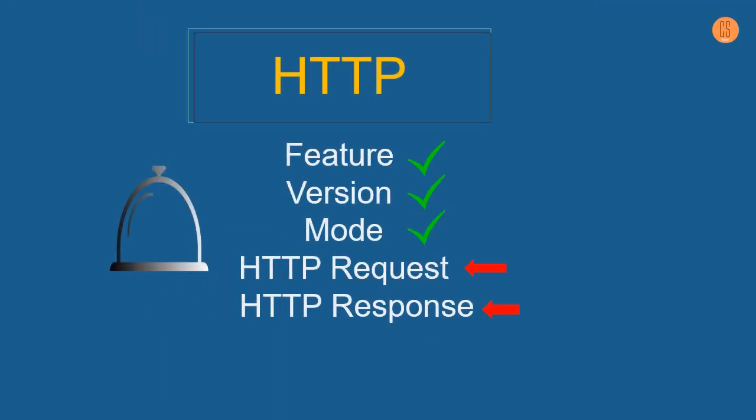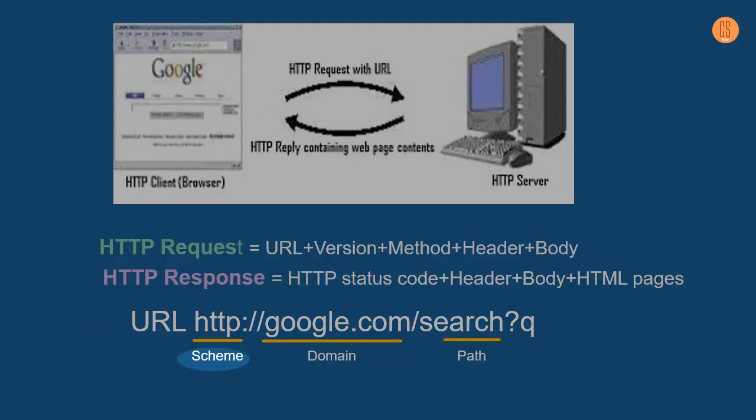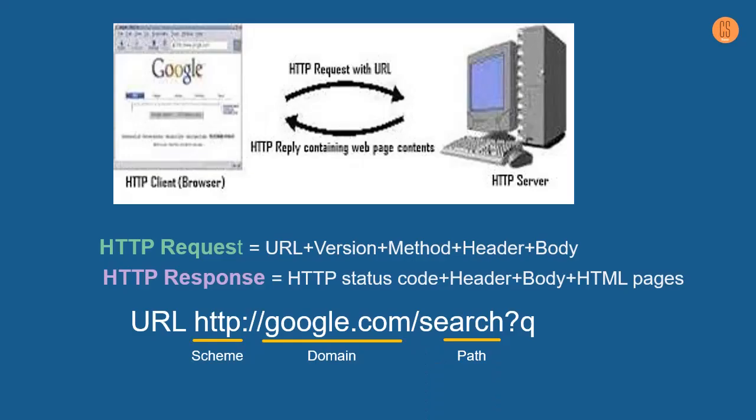Let's discuss HTTP request and HTTP response. A typical URL consists of scheme, domain, and path. Scheme can be HTTP or HTTPS, domain is where you want to connect, and path is which file you want to download. When a user opens a browser and types a URL to access a website, the browser sends an HTTP request to the web server.